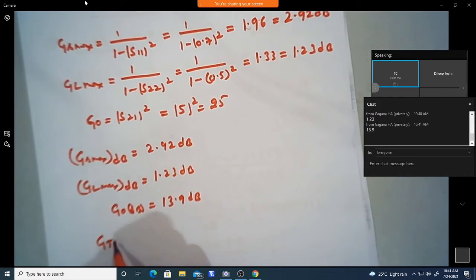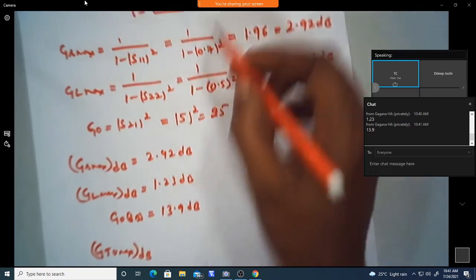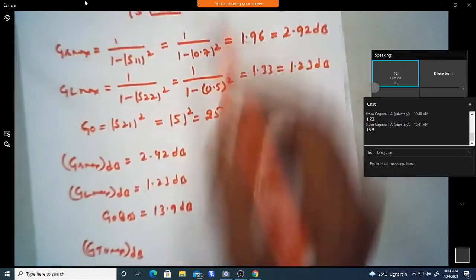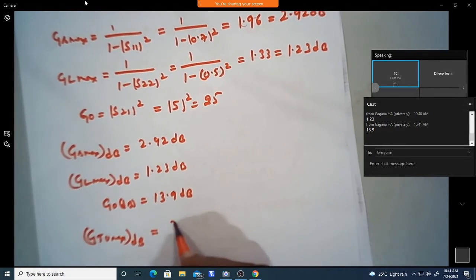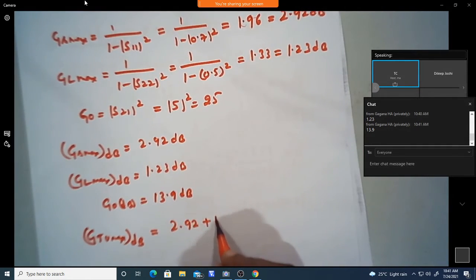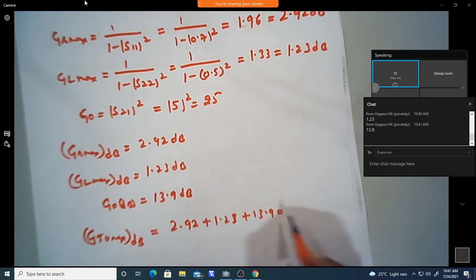So now GTU maximum in terms of dB, because this is a unilateral design where S12 is 0, will be adding all these: 2.92 plus 1.23 plus 13.9. So this is the total value of the gain.